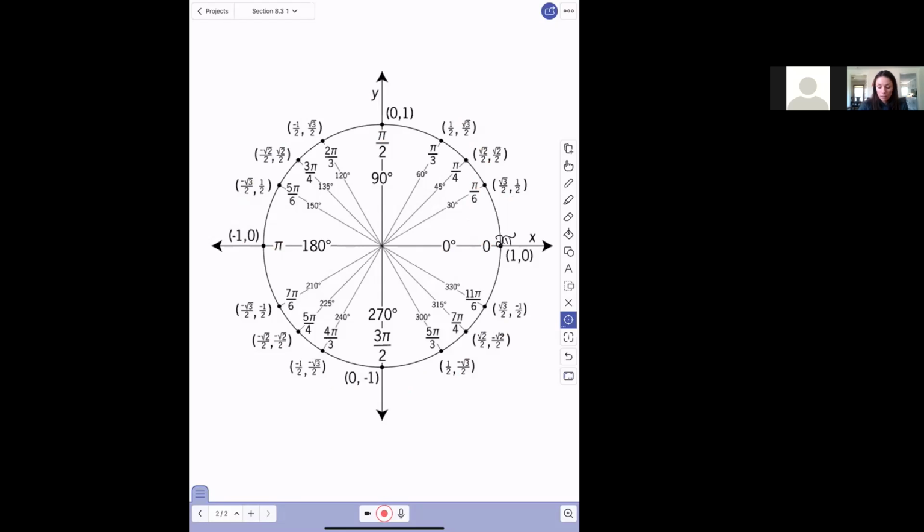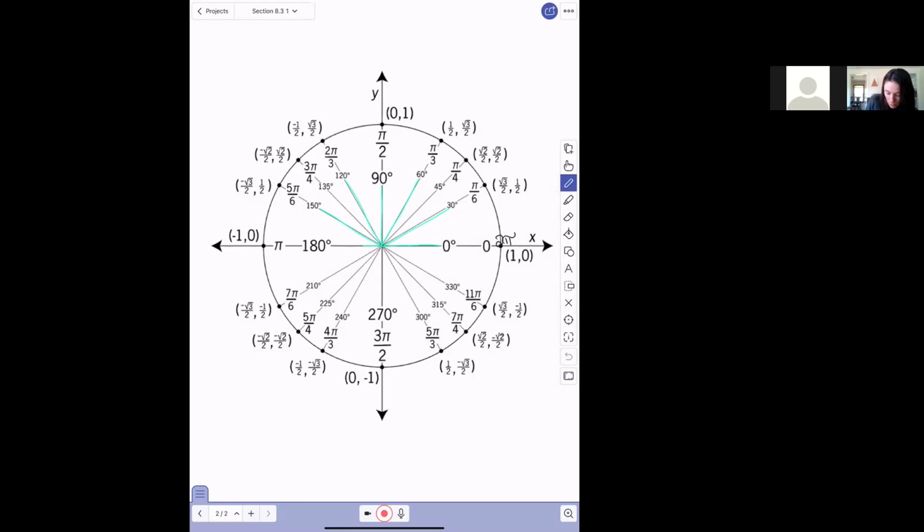I am going to go ahead and pick specific angles to look at. So all of these that are highlighted in my teal. And we're just going to look at the top part.